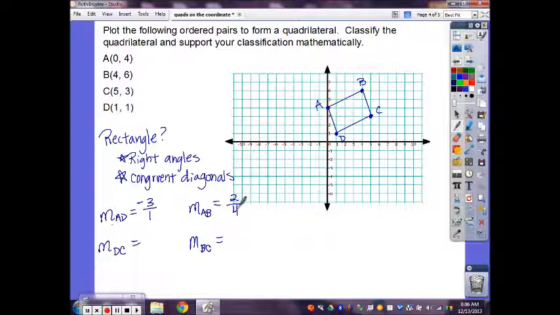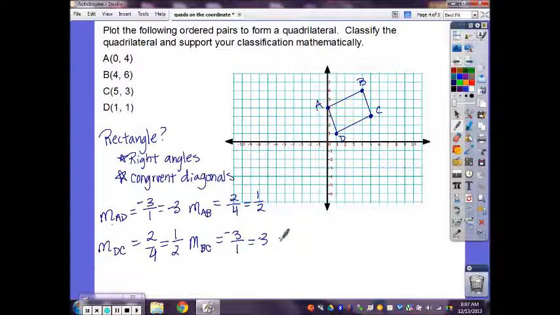Side BC, to go from C to B, I would go up 3 over 1, and it's negative. And DC, to go from D to C, I go up 2 over 4. So 2 over 4 reduces to 1/2. And negative 3 over 1 can just be simplified to negative 3.